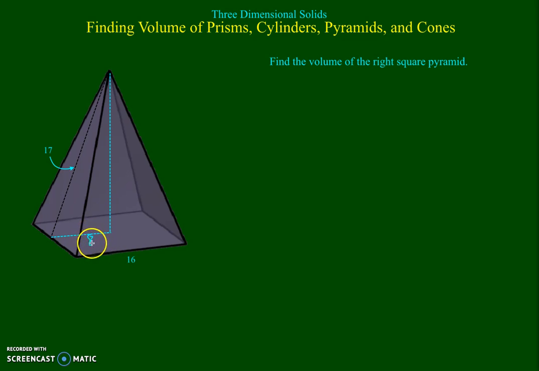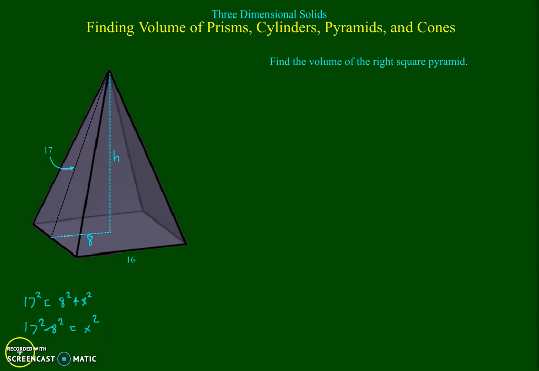And that turns out to be an 8, 15, 17 Pythagorean triple. Again, if you're confused by that, just do the Pythagorean theorem. Let's call this h. And so you know that 17 squared equals 8 squared plus x squared, and then 17 squared minus 8 squared equals x squared.